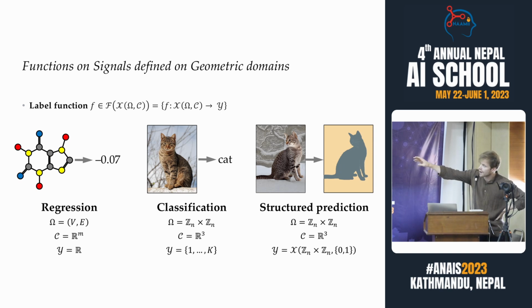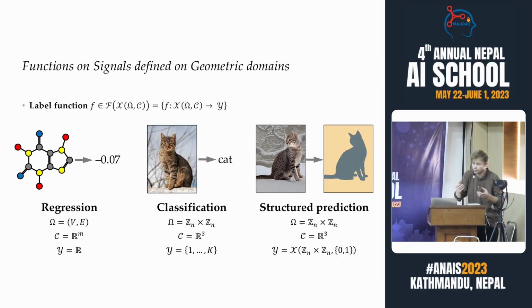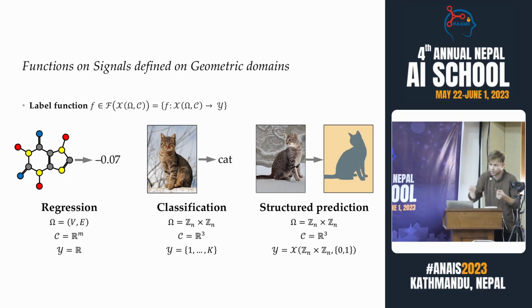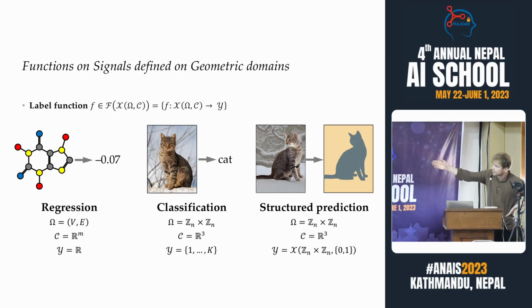Now, when you have a label function, we want to classify these signals on the domains, right? For example, you can have a molecular task, which is a regression. You want to predict the solubility of a molecule in water. This will be a regression task where the score will be how soluble a molecule is. So there, the target y is going to be R. Otherwise, you can have an image classification task where y is your number of classes, a discrete valued function, right?